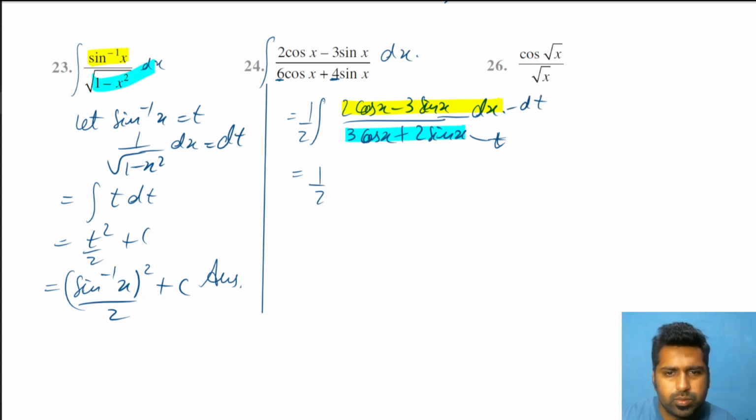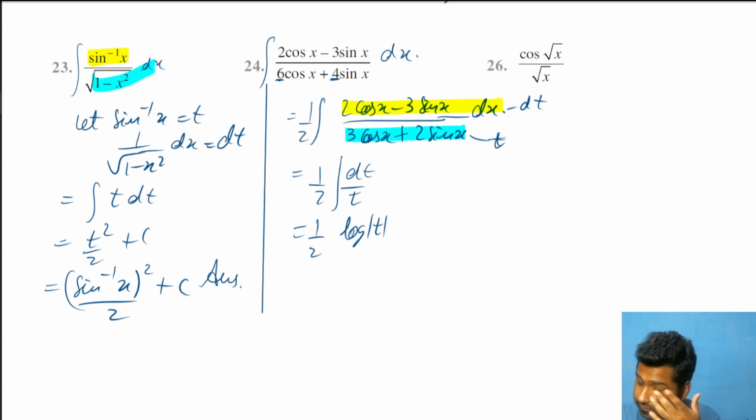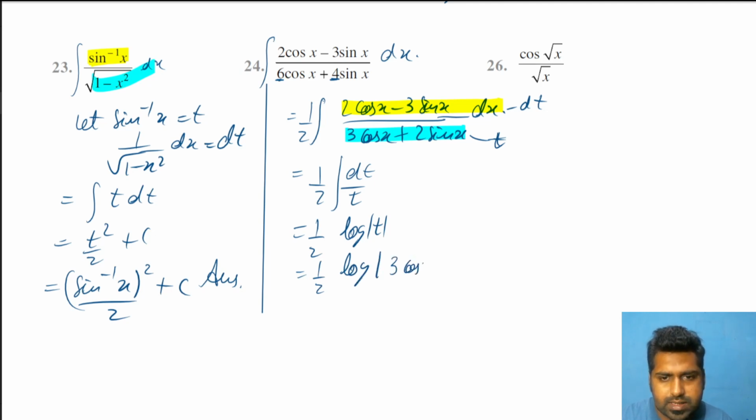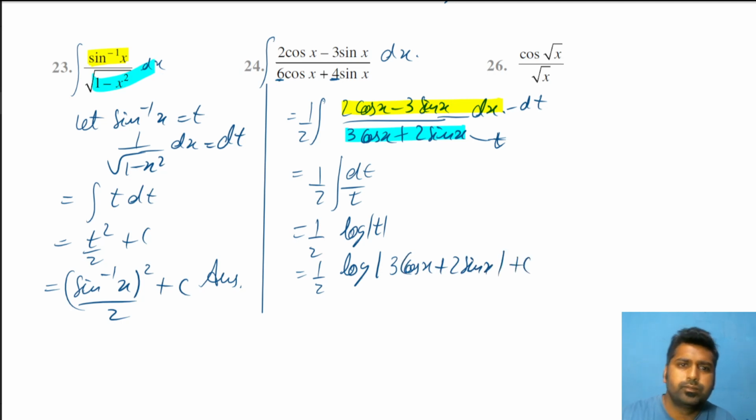So again 1 by 2 dt by t integration, that's 1 by 2 log mod t, 1 by 2 log mod 3 cos x plus 2 sin x, plus c.